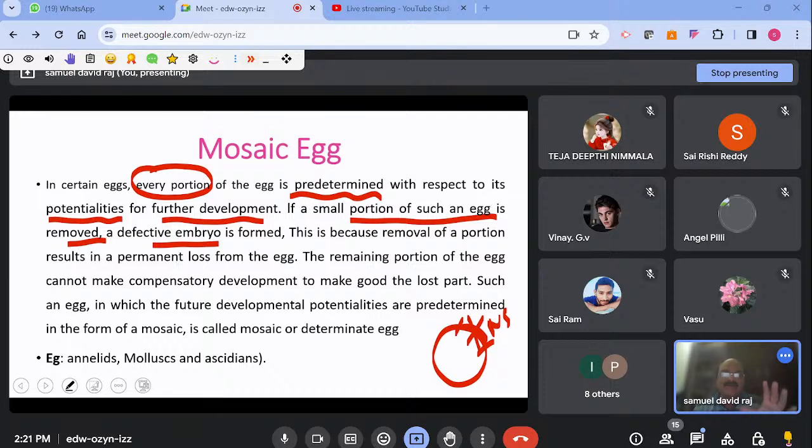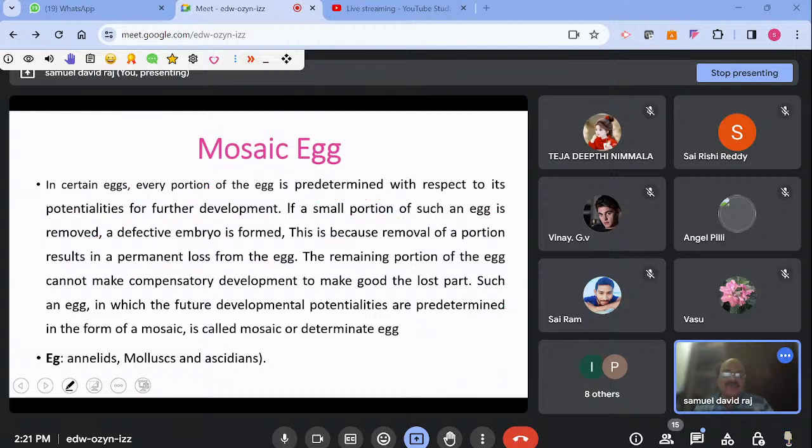If a small portion of such an egg is removed, the embryo will be defective. That particular organ or system will not develop, because removal of this portion results in permanent loss from the egg, so the remaining portion cannot make compensatory development to make good the lost part.